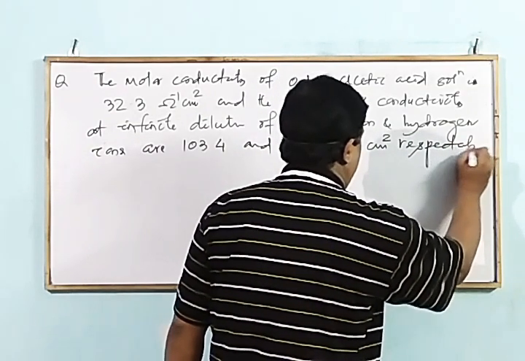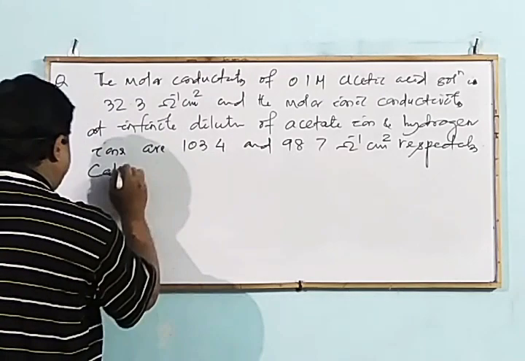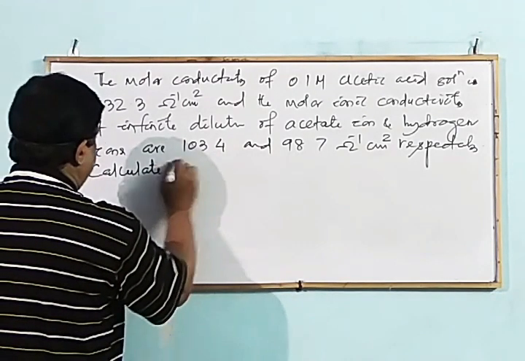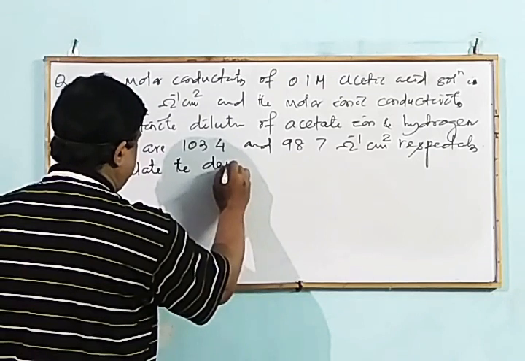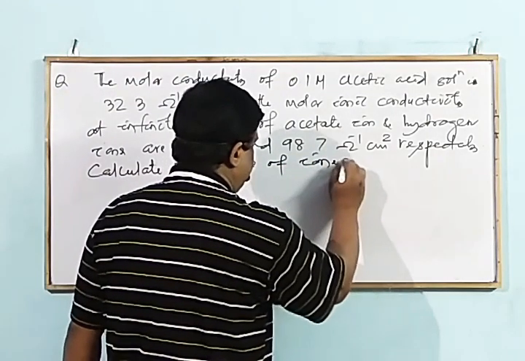These are per mole. Calculate the degree of ionization.